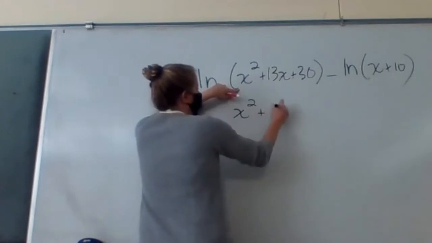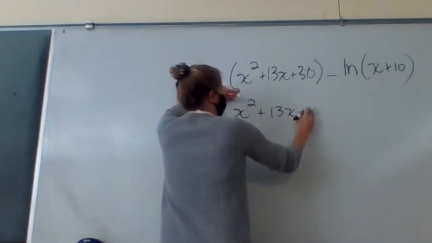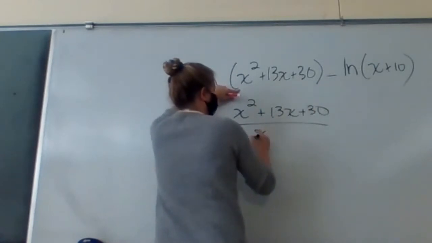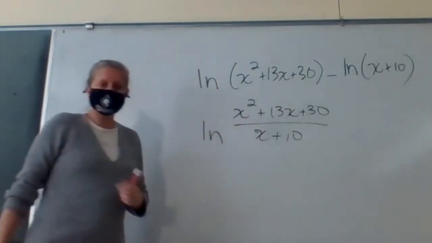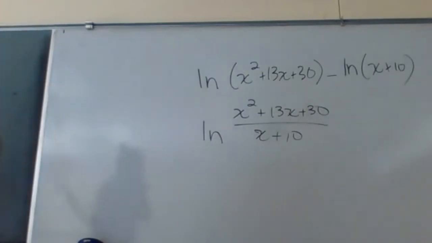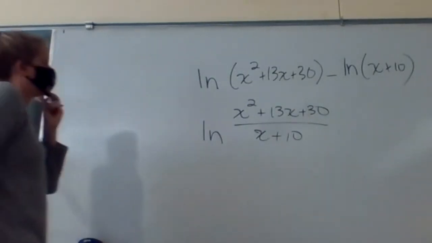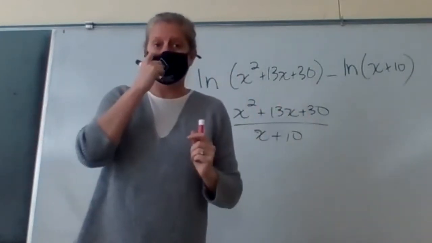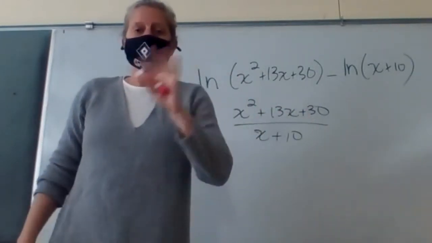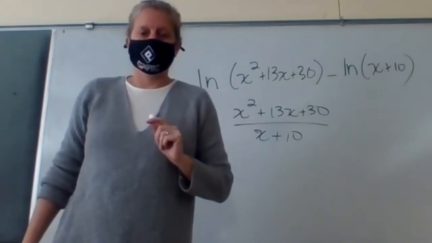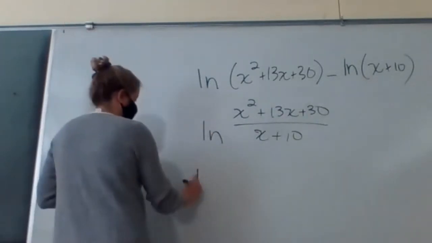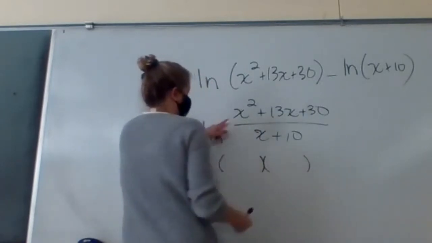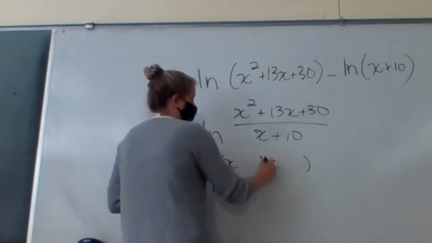So let's see, I have ln of x squared plus 13x plus 30 over x plus 10. So now that I see that fraction, I'd say, oh my gosh, I bet this simplifies. If I rewrote this numerator in its factored form, then I could simplify this. So to get x squared, I would need x and x.